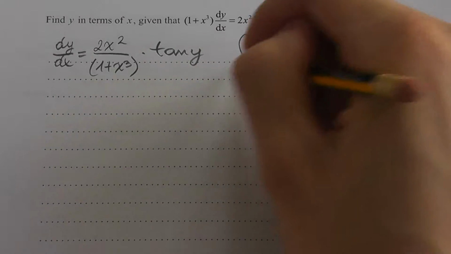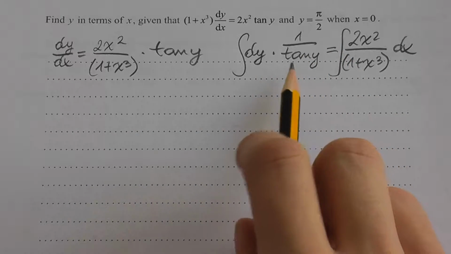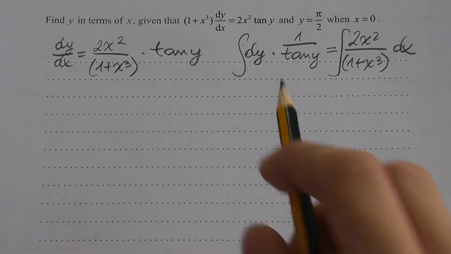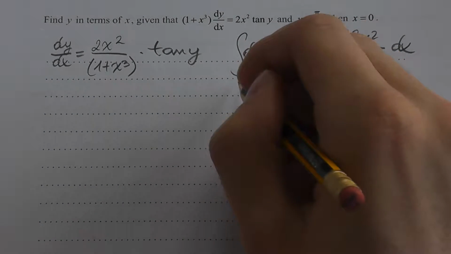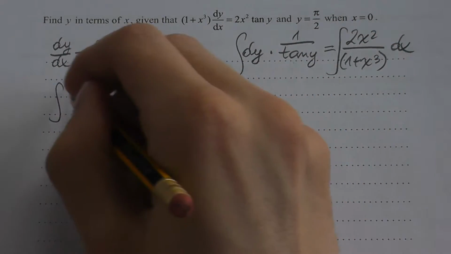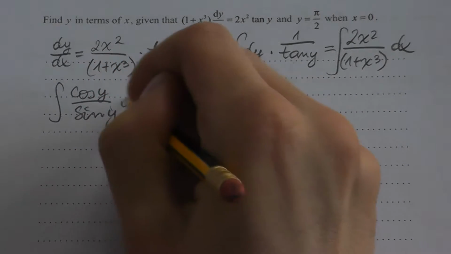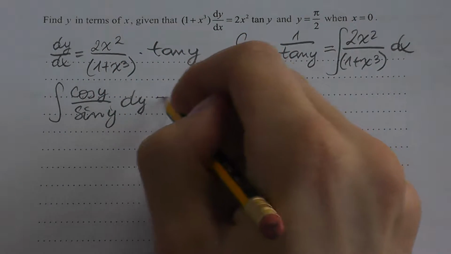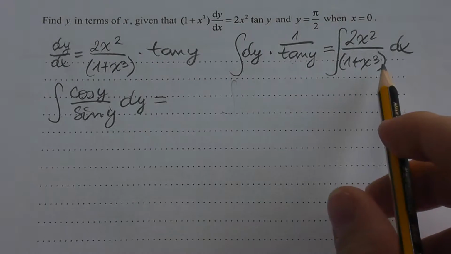Notice that. Now I can conveniently take the integral from both sides. But not yet. We have to rewrite tangent. Tangent we know is sine over cosine. Therefore 1 over tangent can be rewritten as cosine of y over sine y dy, which we say then is equal to what we have to get from here.